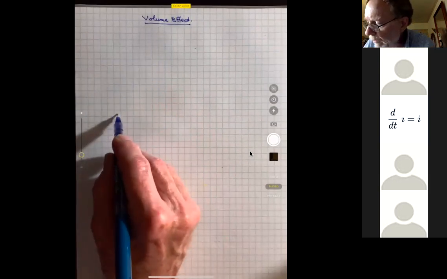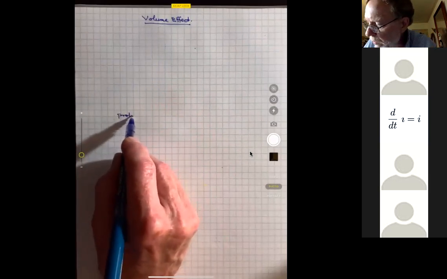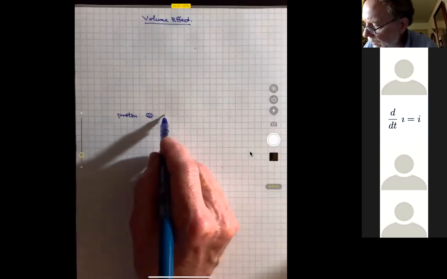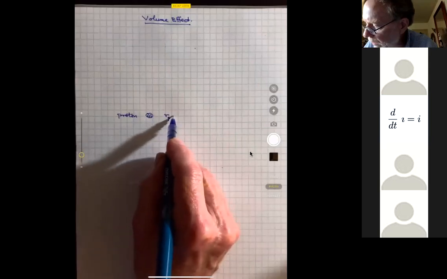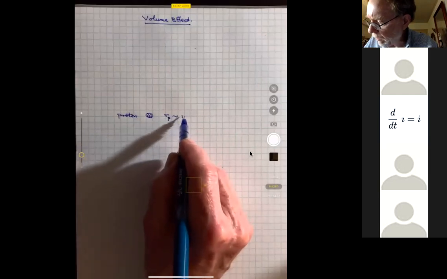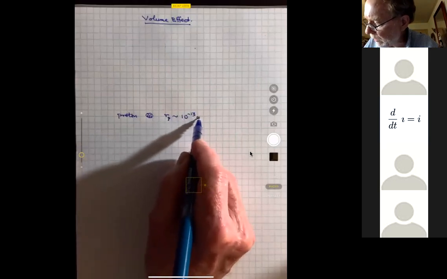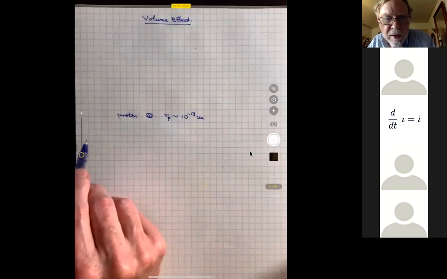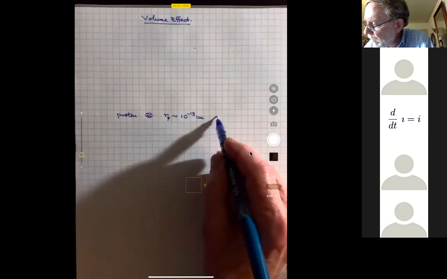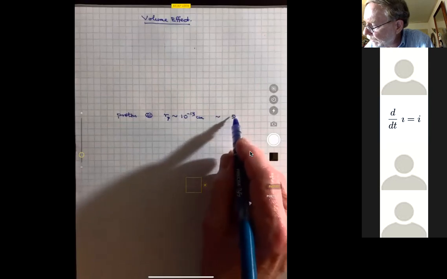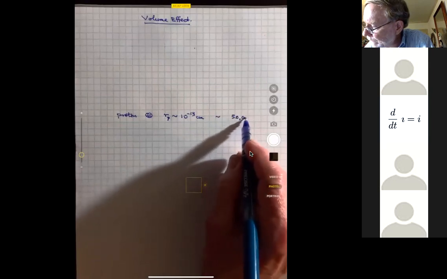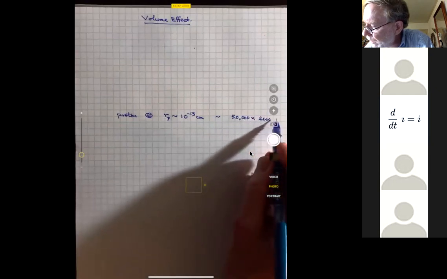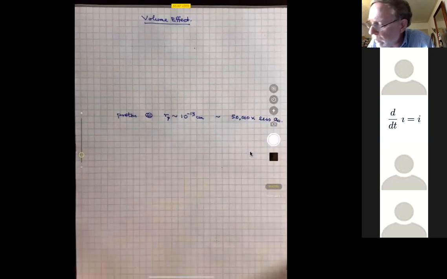If we take ordinary hydrogen, the proton is a particle you can think of as having a finite radius, and let's call it RP for proton. It's of the order of about 10 to the minus 13 centimeters. It's a little bit more than that, maybe twice that or something, but it's like 10 to the minus 13 centimeters, which makes it roughly something like 50,000 times smaller than A naught, the Bohr radius.